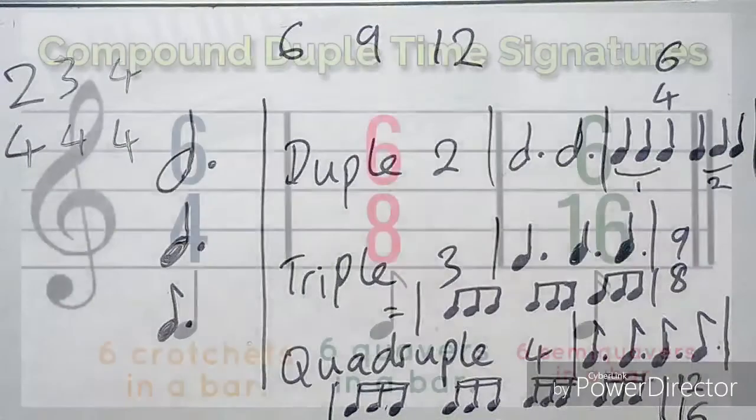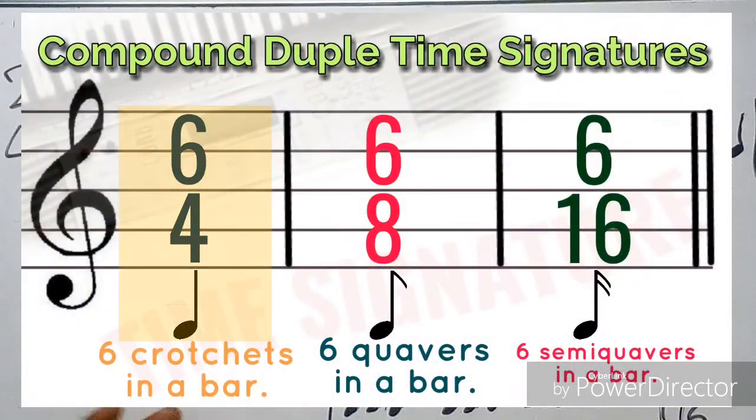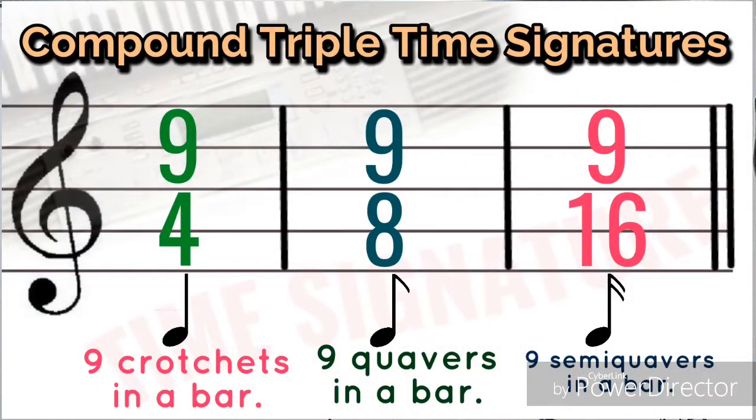We have for compound duple 6/4, which stands for 6 crotchet beats in a bar. 6/8, which stands for 6 quaver beats in a bar. 6/16, which stands for 6 semiquaver beats in a bar. For compound triple, we have 9/4, which stands for 9 crotchet beats in a bar. 9/8, which stands for 9 quaver beats in a bar. 9/16, which stands for 9 semiquaver beats in a bar.